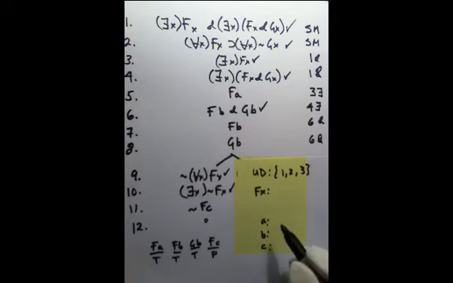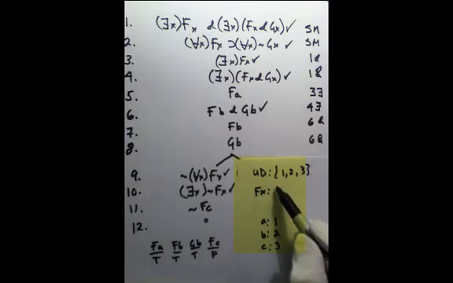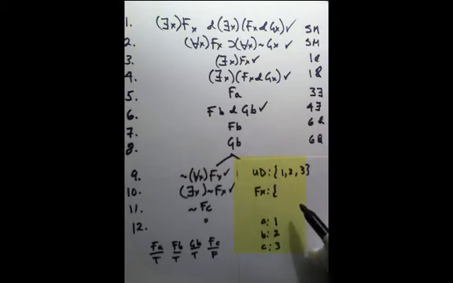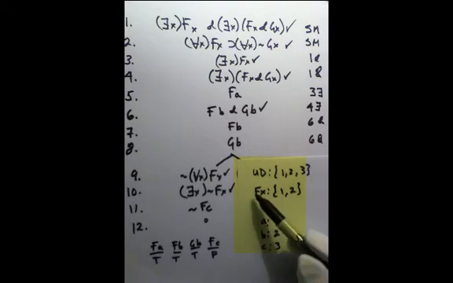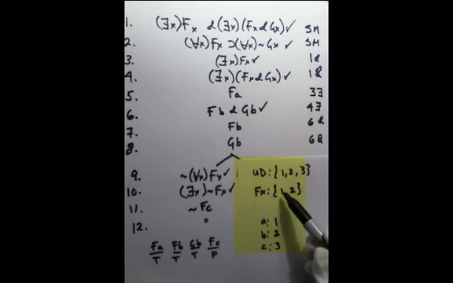So a is going to be 1, b is going to be 2, and c is going to be 3. So now the extension of my predicate fx is going to be 1, 2, because that tells me that f of a is true and f of b is true. It tells me that 1 is an f and 1 is a, so f of a is true. It tells me that 2 is an f, so f of b is true. It also tells me that since 3 is not in the extension of f, f of c is false.